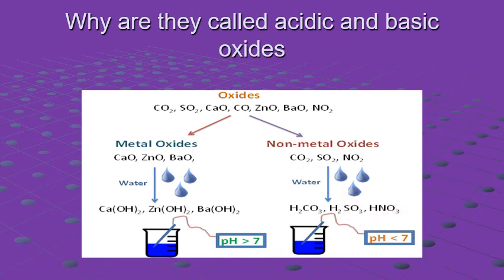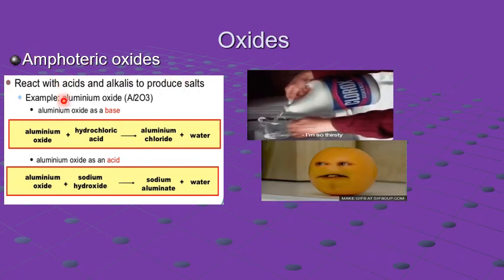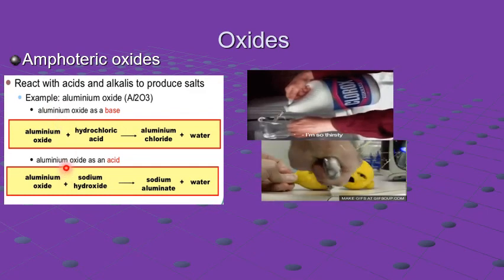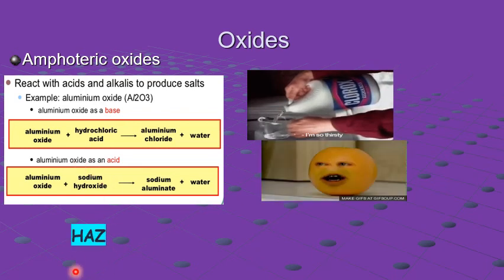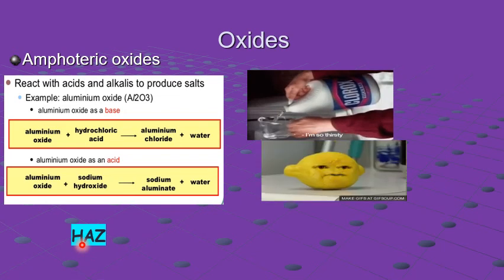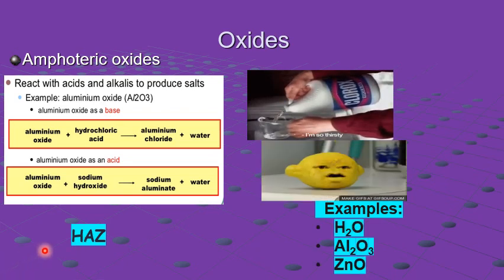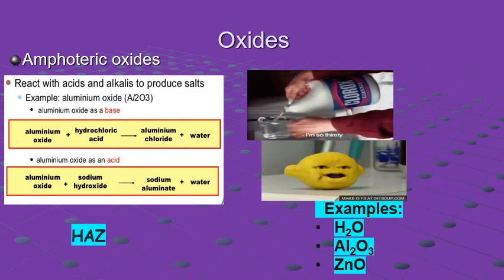So now we have amphoteric oxides, and these can behave both as an acid and as a base. They have both basic and acidic properties. Examples of these are H2O, aluminum oxide, and zinc oxide. Can you guess what H stands for? H is for water, H2O. These are all amphoteric oxides.